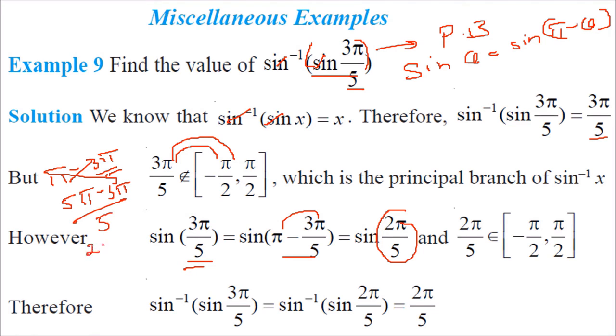That will be 2 pi by 5. And this 2 pi by 5 does belong to minus pi by 2 to pi by 2. So the value of this particular inverse trigonometric expression will be 2 pi by 5, not 3 pi by 5.